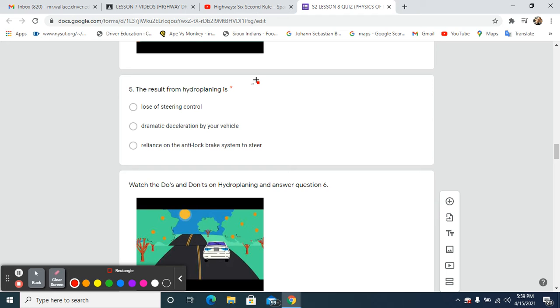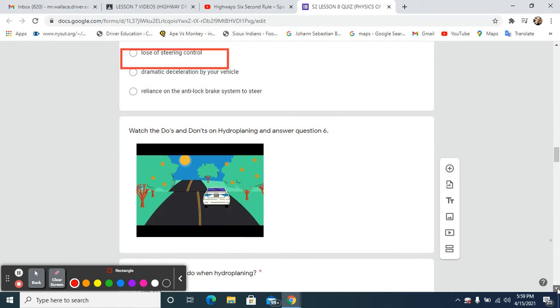We also have learned that the depth of tread makes a difference in whether or not we are going to hydroplane. Anyway, the result from hydroplaning is loss of steering control, right? We cannot control the steering when we are hydroplaning on a film of water.